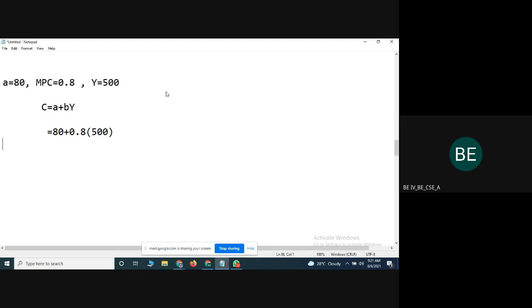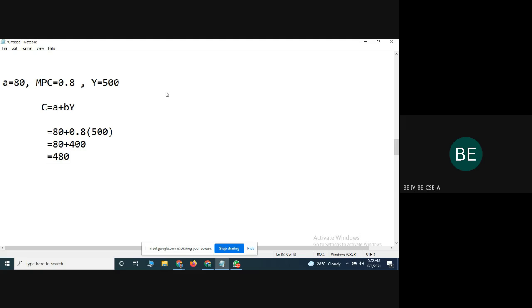You apply it. So this is 80 plus 0.8 multiplied by 500. The answer is 400. The final value is 480. So what do you understand from this?